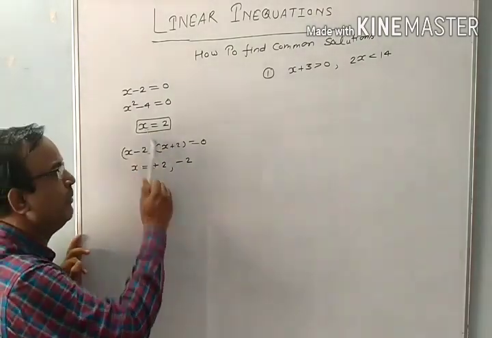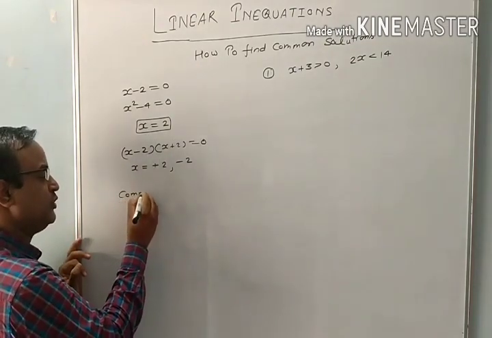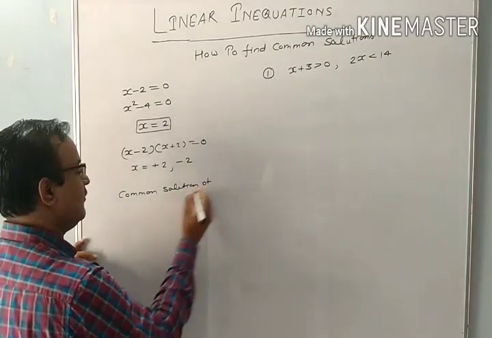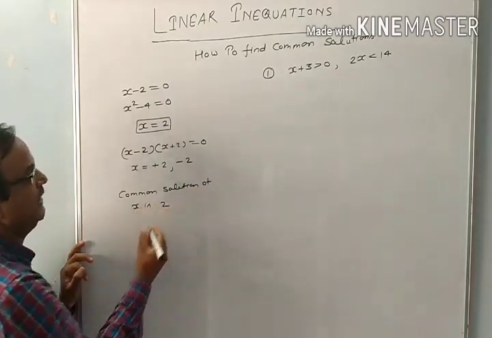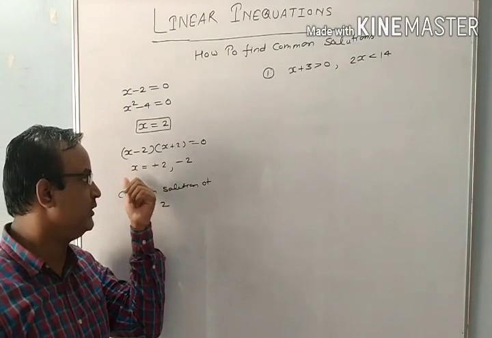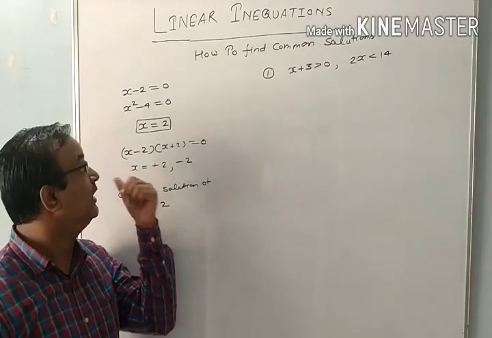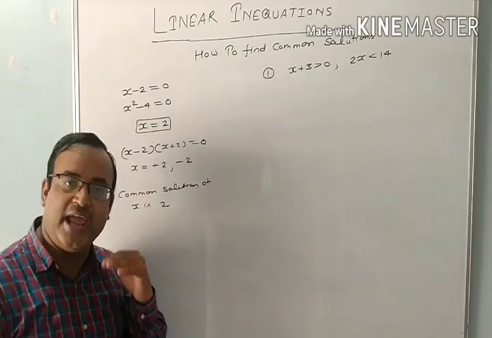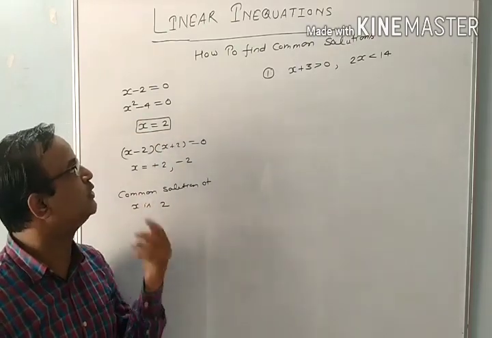So the common solution of x is 2 only, because 2 is a part of the solution of the given quadratic equation and x equal to 2 is also the solution of the linear equation x minus 2 is equal to 0.